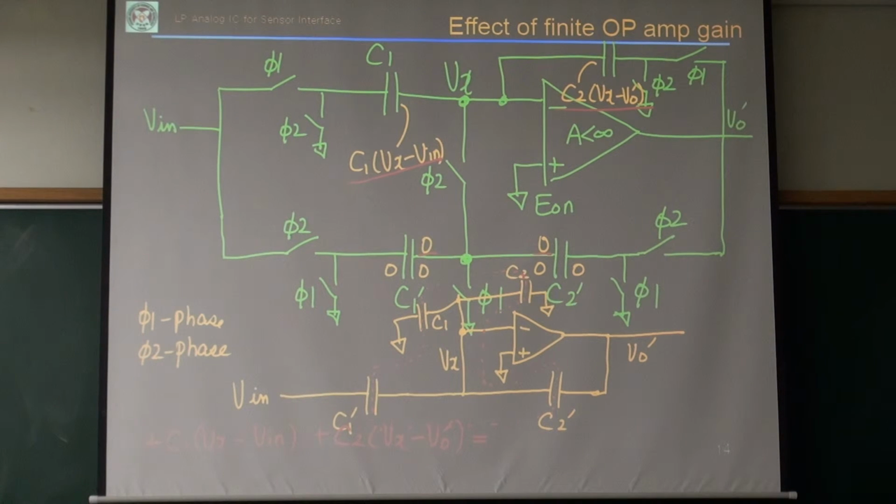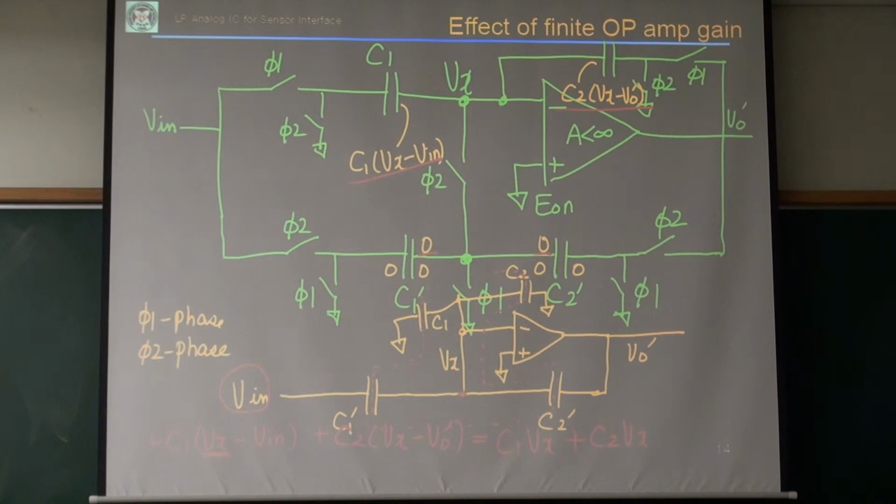I assume V in is very slowly varying, and I assume my Vx is the same during phase 2 and phase 1, for simplicity. And then what's this charge here? For this C1, it's just C1 Vx, right? Because this is Vx. C2, that's C2 Vx, right?